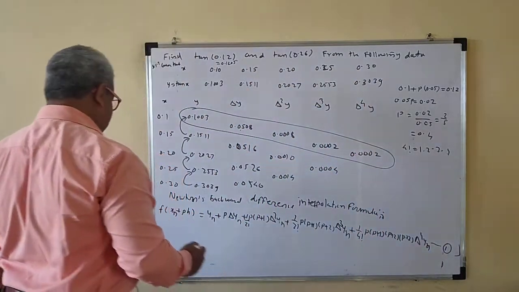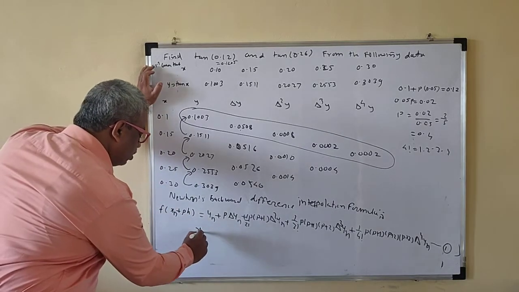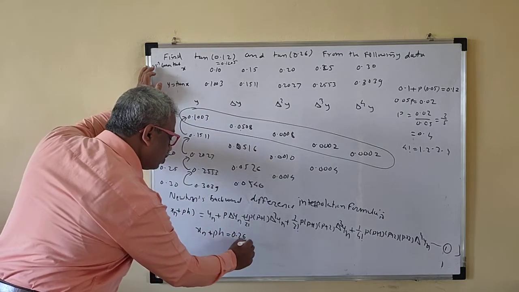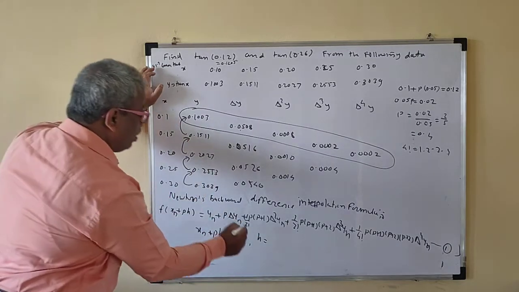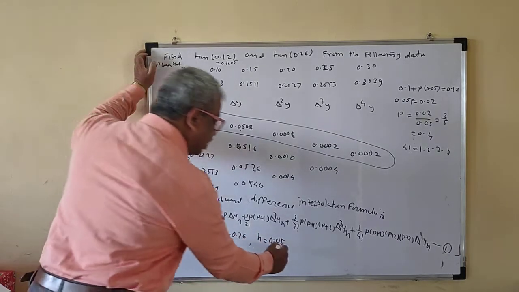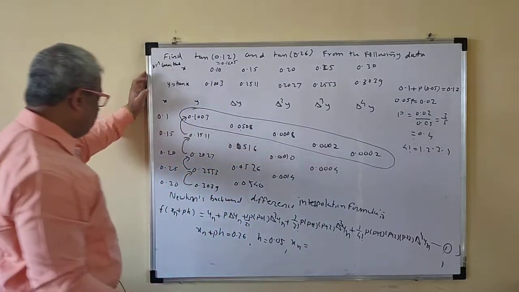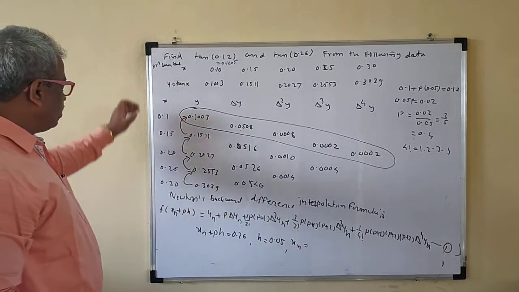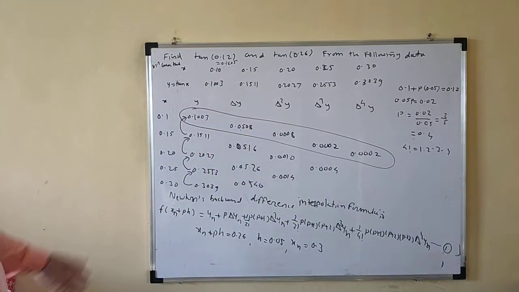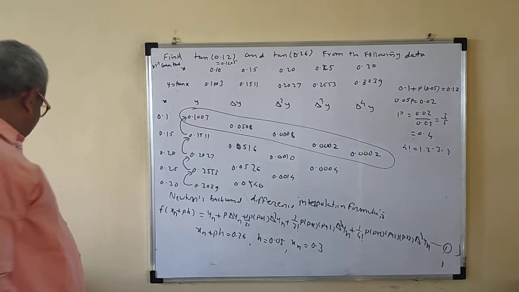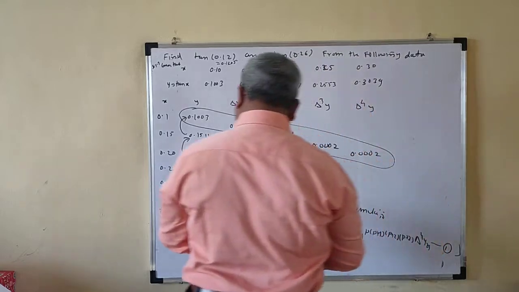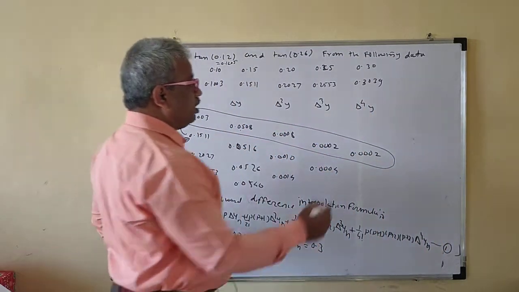So the value of this is xn plus ph, which is equal to 0.26. Your h is the interval difference, this is 0.05. Your xn is the last value of x, so your last value of x is 0.3. Don't write 0.30, just write 0.3. Now we'll find the value of p. Value of xn is 0.3.